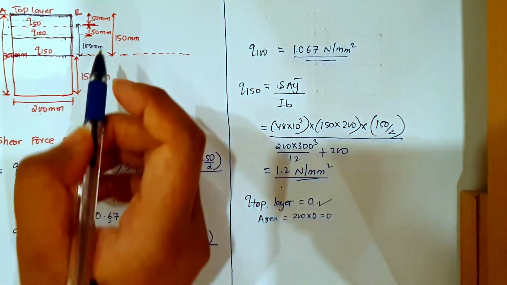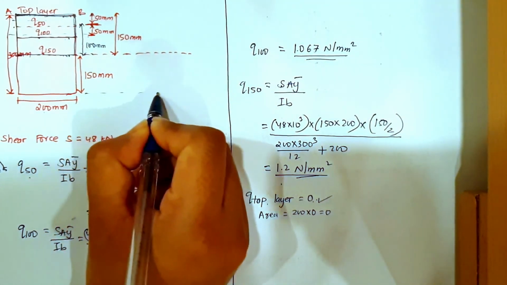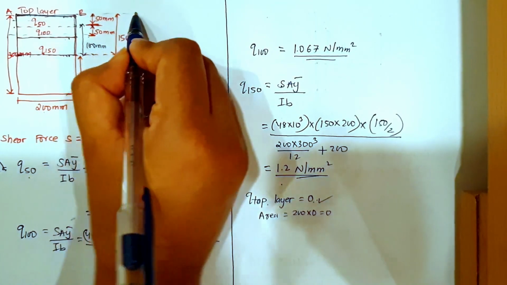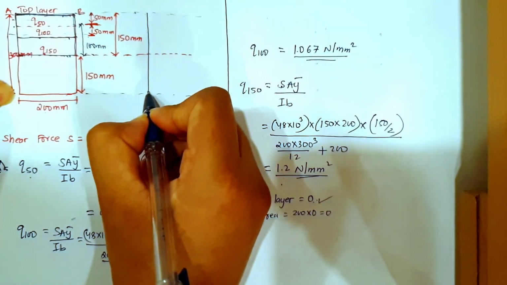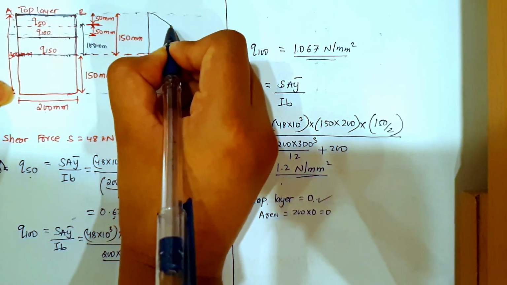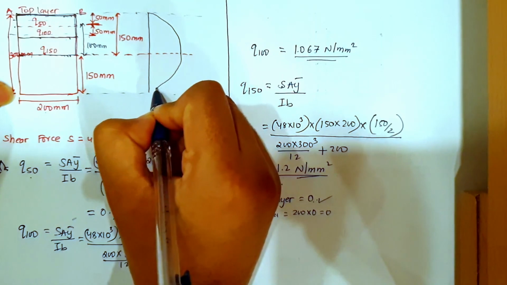Okay, now if you draw the shear stress distribution diagram, it will come like this, maximum here, after that it will reduce.